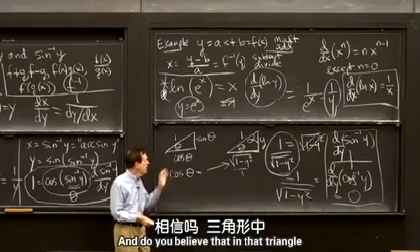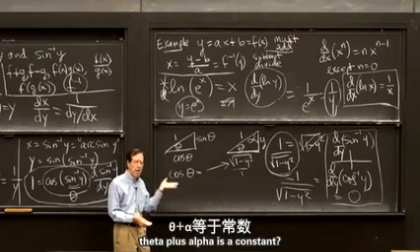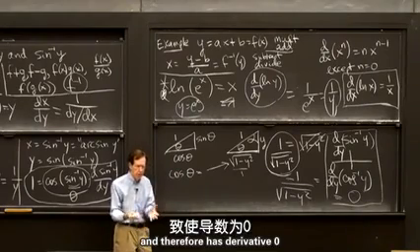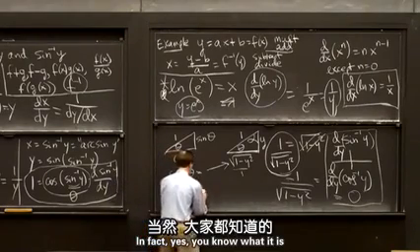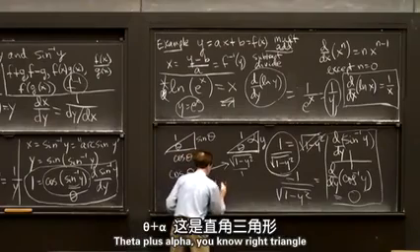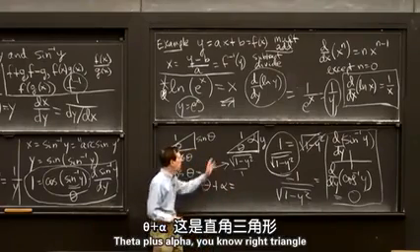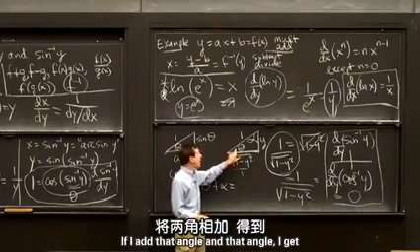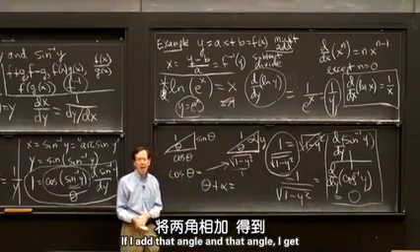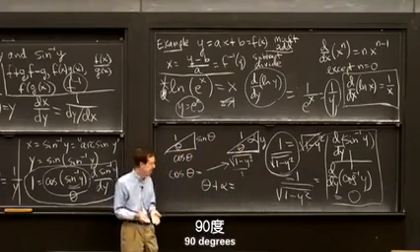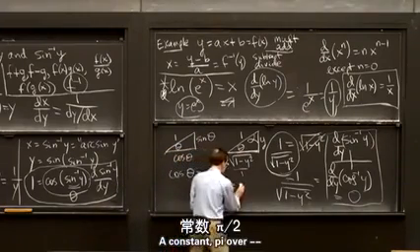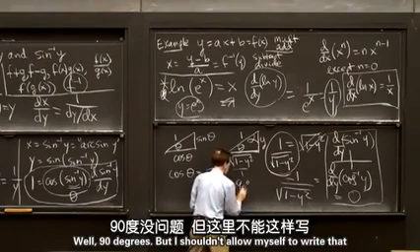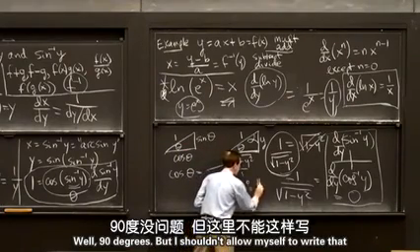And do you believe that in that triangle theta plus alpha is a constant and therefore has derivative 0? In fact, yes, you know what it is. Theta plus alpha in a right triangle, if I add that angle and that angle, I get 90 degrees. A constant. Pi over 2, well, 90 degrees, but I shouldn't allow myself to write that.